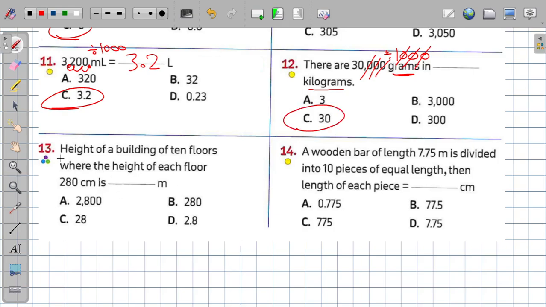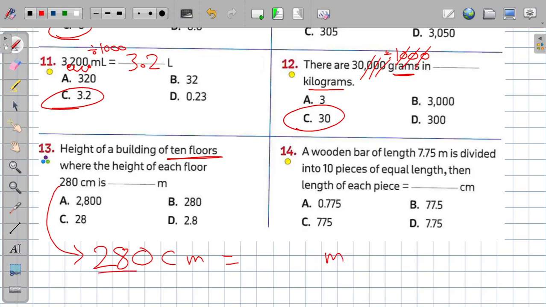Next, height of a building of 10 floors, where the height of each floor is 280 centimeter equals how many meters? So first, let's convert this number to meters. So I have 280 centimeter equals how many meters?